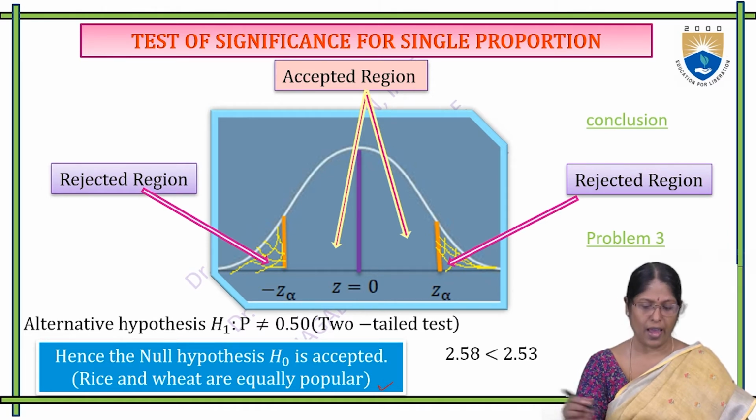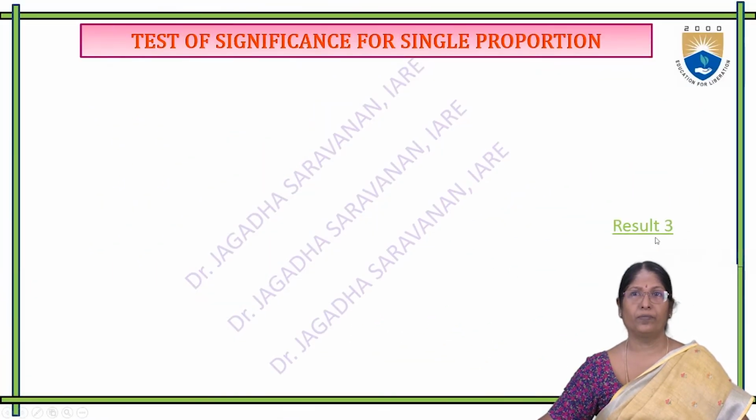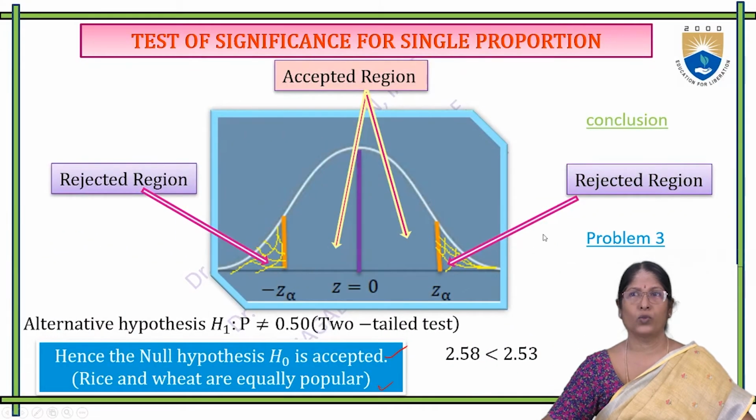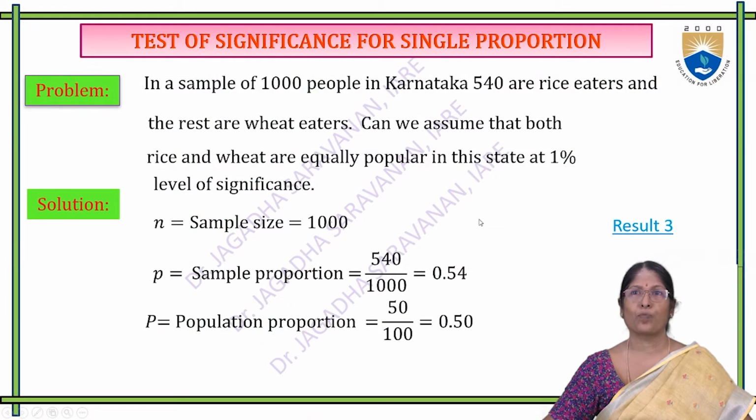Yes, it is accepted. Why is it accepted? Now we can see our question. Clearly, 1000 people, equally popular. The sample is 1000 we have taken.